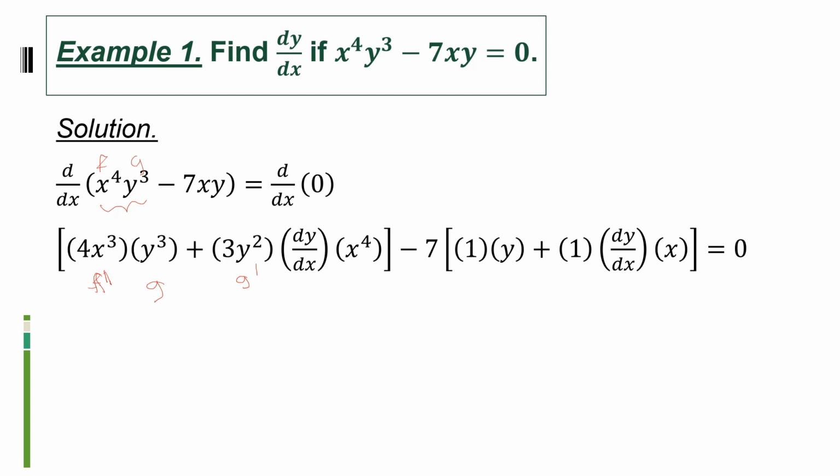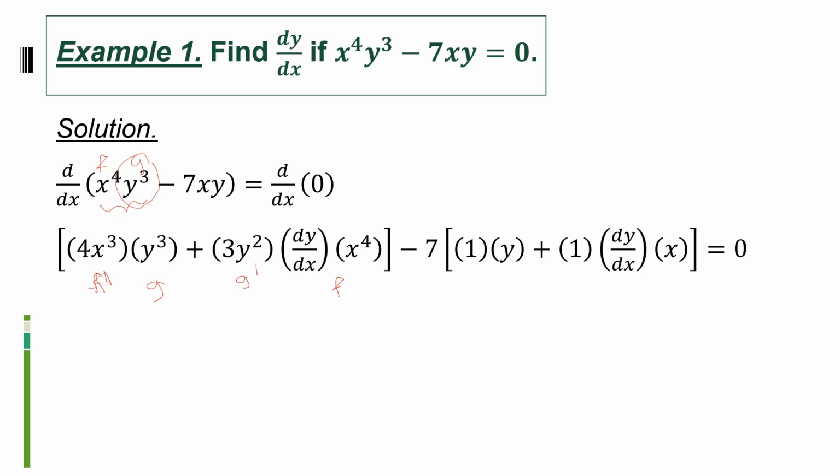Okay, since dinifferentiate natin itong g, kailangan nating mag-multiply ng dy over dx. And then, we have f, which is x raised to 4. Okay? So, remember that. Kapag kinukuha mo yung derivative ng y, saka ka lang mag-multiply ng dy over dx. Kapag si mismong y na yung dinidifferentiate mo.